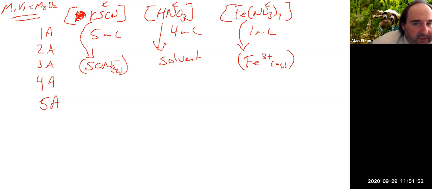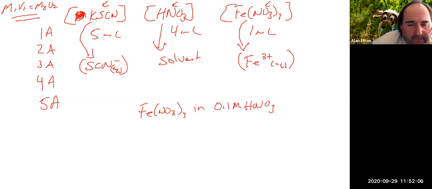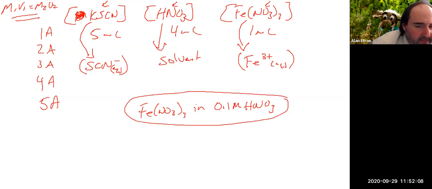And that's why when you look at something like iron 3 nitrate, when it talks about the iron 3 nitrate solution that you're using, it says something like iron 3 nitrate in 0.1 molar nitric acid. Now, when we're in person, what that means is this solution was made that way. You don't have to add more nitric acid or anything like that. What it is telling you is nitric acid was used here instead of water as the solvent.